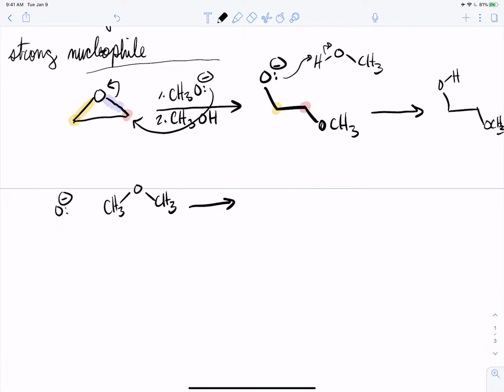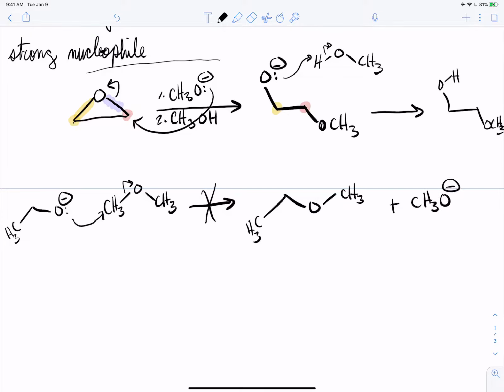Let's say I take ethoxide and I want to react it with this to do this reaction. We're not really going to see that go, and the reason is that alkoxide makes a really bad leaving group. That's why we went through all these different strategies for turning bad leaving groups into good leaving groups, because hydroxides and alkoxides are bad leaving groups. Usually you have to add acid or something to get that reaction to go.